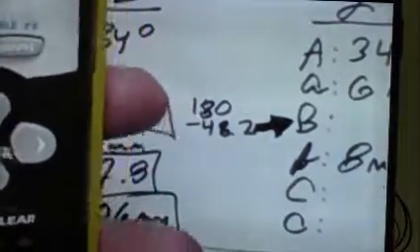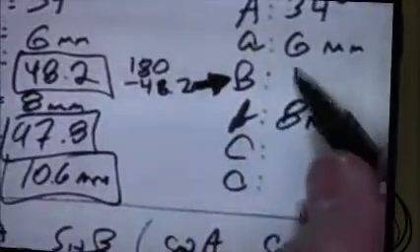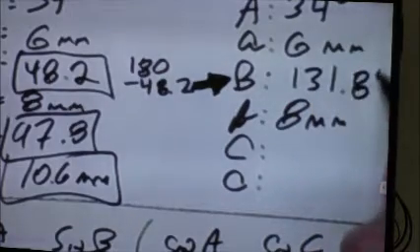I think it's 131.8. 180 minus the 48.2, 131.8, that is going to be our B, 131.8 degrees.